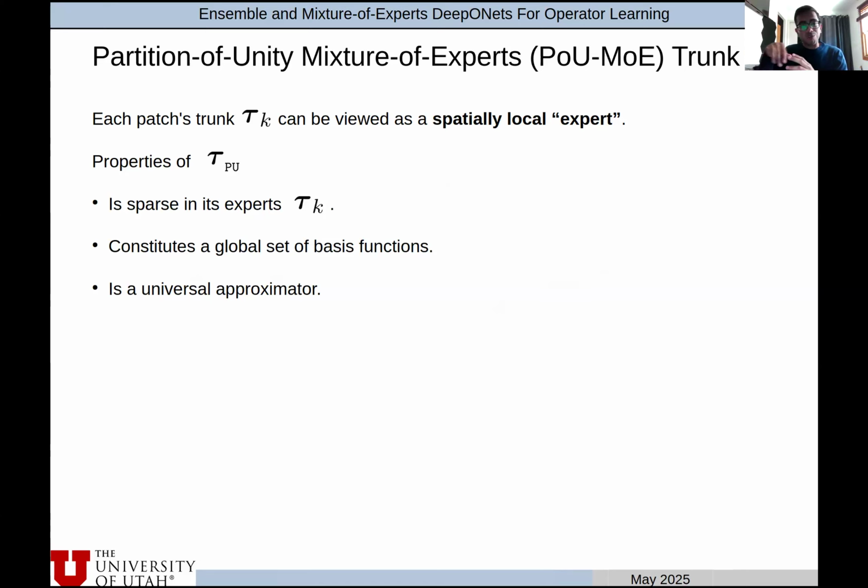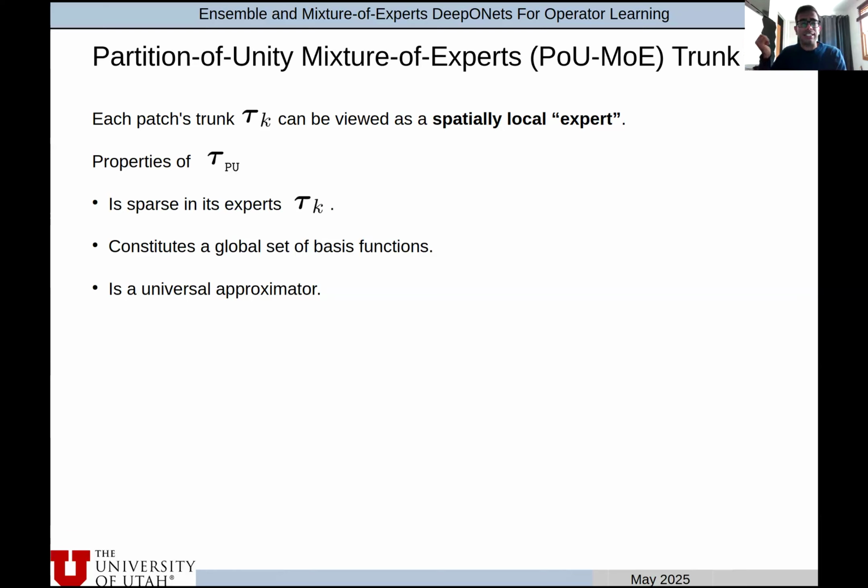That means that the overall weighted POU-MoE trunk is extremely sparse in its experts. Because if you have 6 different trunk neural networks on each of the patches, one does not have 6 times the number of points as the basis functions. So it is extremely sparse.